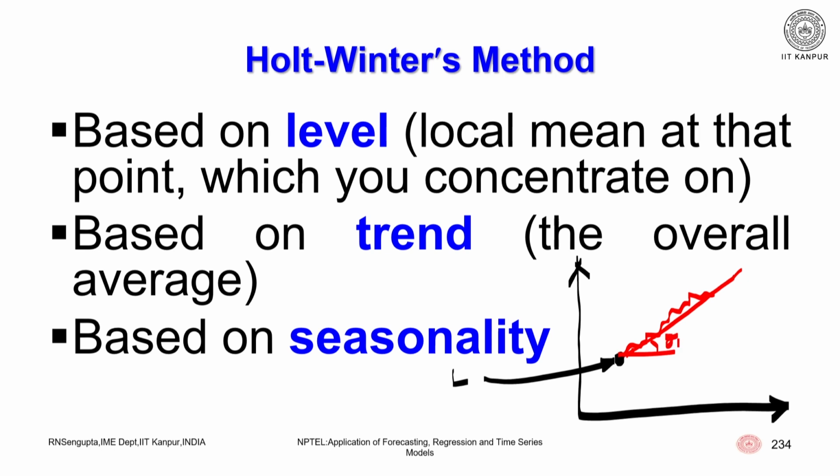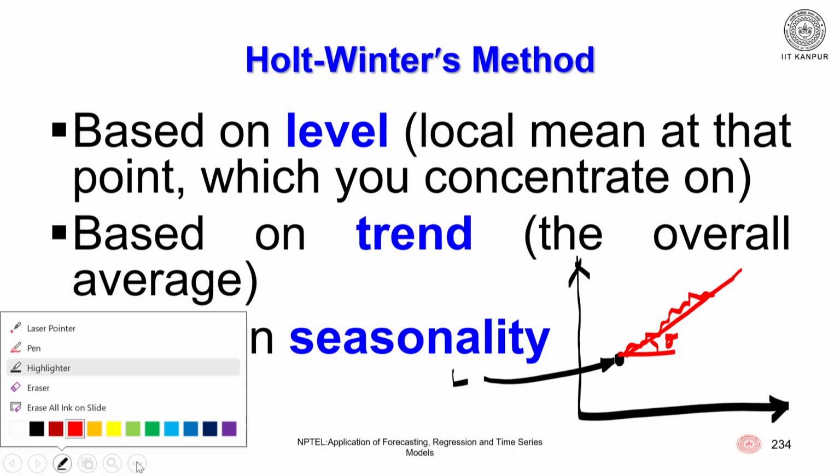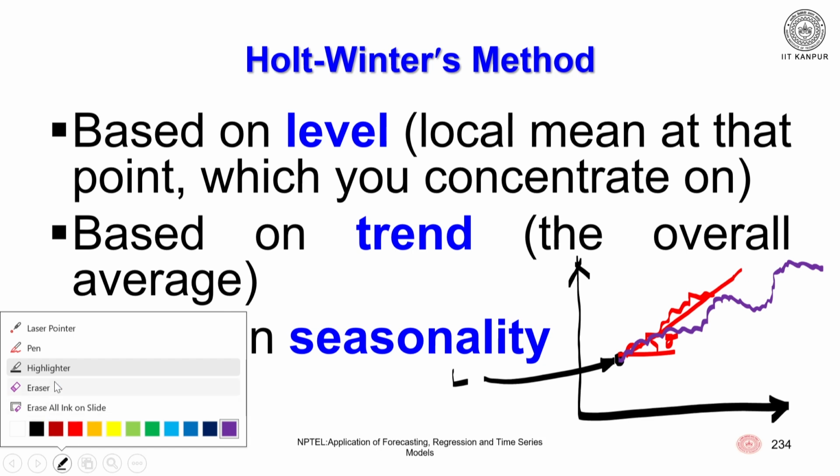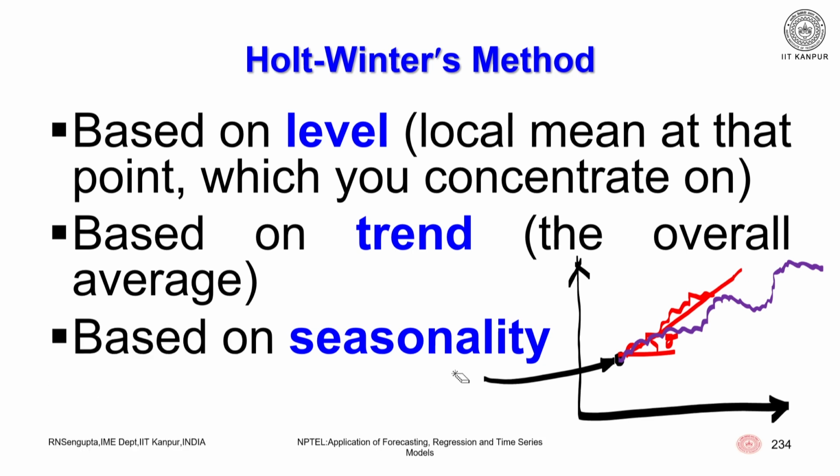Now, what would the added concept of seasonality mean? I will try to illustrate that in the same graph, using a different color, violet. Same level, but now the change happens like this. Obviously, L remains the same. I used red for L in the first graph, which was based on the Holt simple linear method.